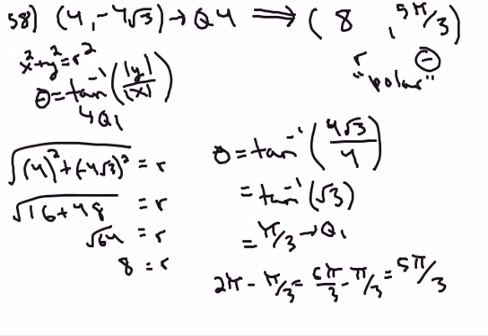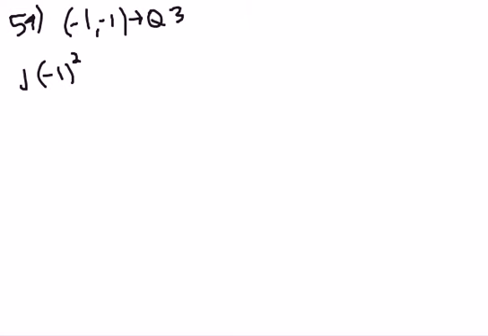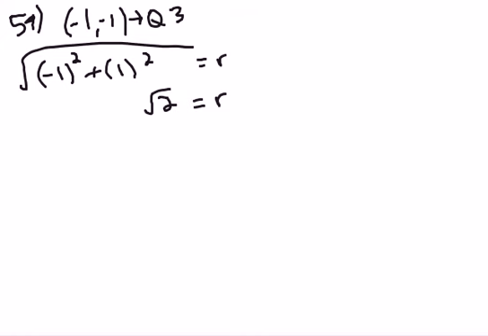Okay, so let's move on to 59, which is the exact same type of question. This is quadrant 3, so you can make a note of that. Same thing, use the r formula to find r, and we're just going to focus on r being positive. So r is square root of 2. This is polar, so again we have r comma theta.